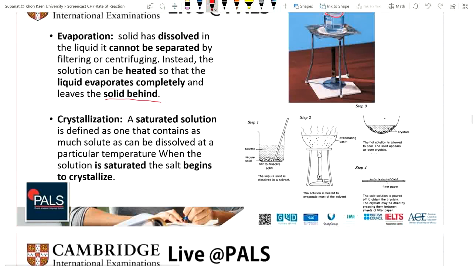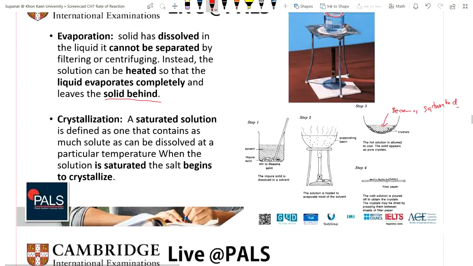Because the solution here becomes saturated, the crystals are allowed to grow. And in step 4, the cold solution is poured off to obtain the crystals.